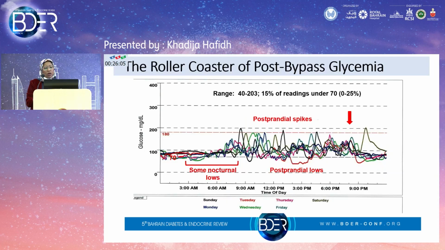You get this roller coaster of postprandial spikes, and then a postprandial low, and the patients are always chasing: they will take another glucose load and then end up with another hypoglycemia. So these may occur several times during the day. They may get some nocturnal lows as well, depending on the glucose intake before going to sleep, but it's not very common.